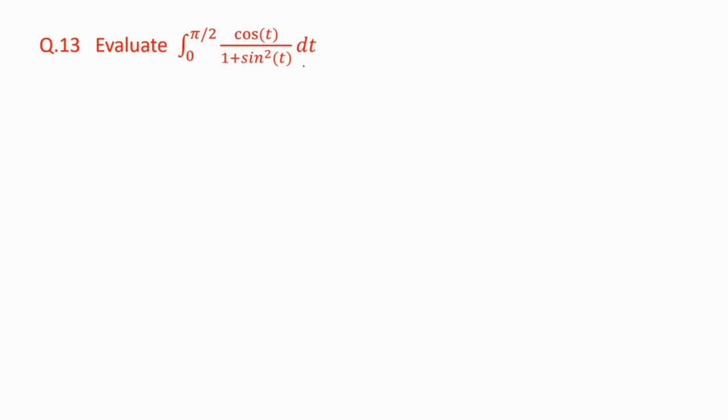Question is integral of cosine t over 1 plus sine square t dt. So in this case again we will substitute sine t only.